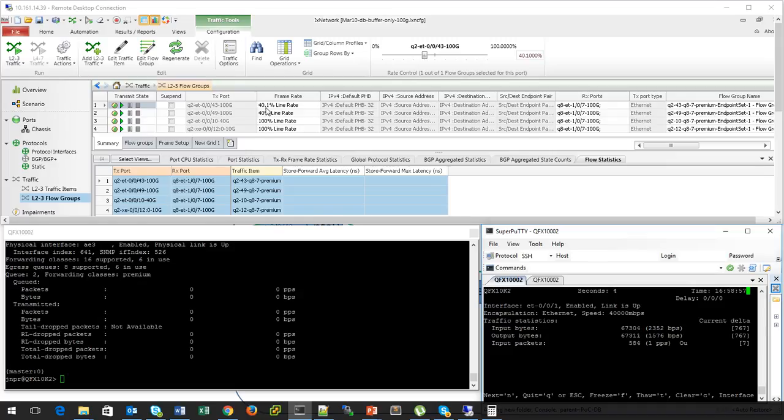And here I'm slightly oversubscribing the egress port by sending a rate, because my ingress port is 100 gig, I'm sending like 40.1. The idea being, I just want to see how latency starts to creep up and how the buffer starts to fill up.